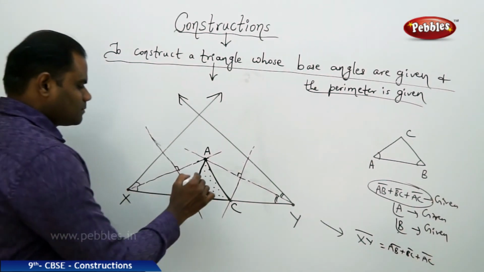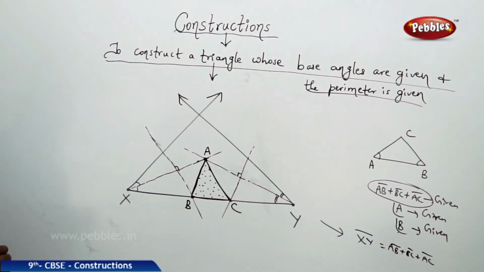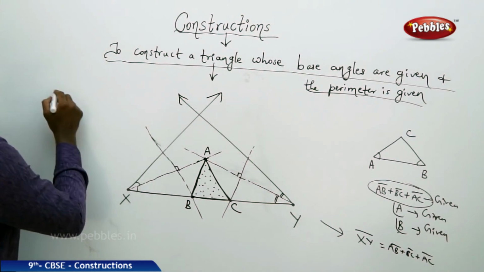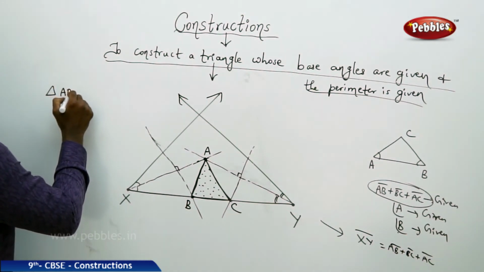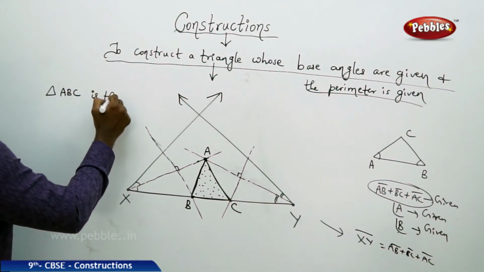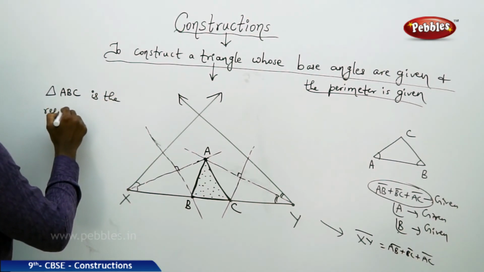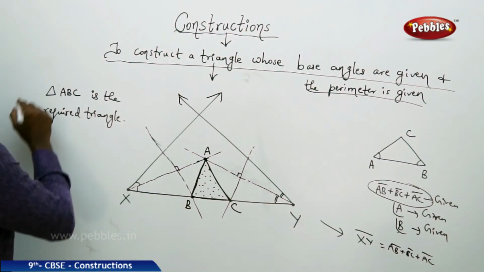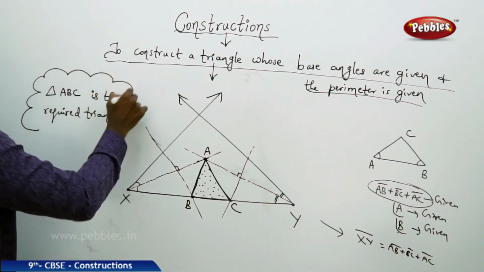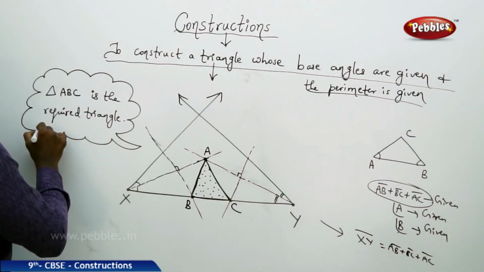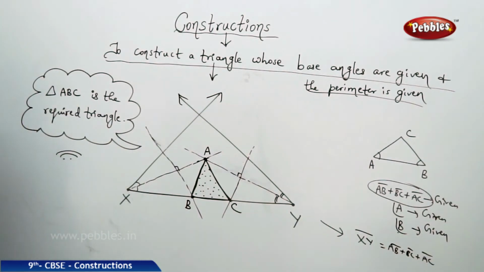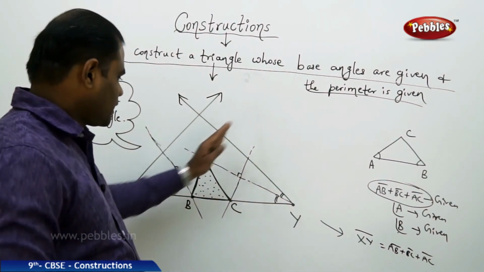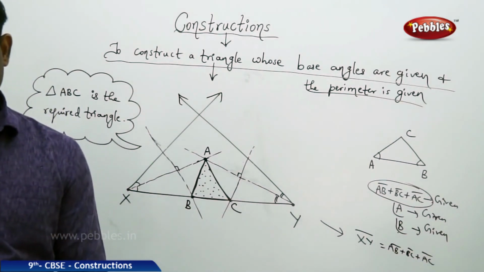So triangle ABC is the required triangle. This is how we construct using the angular bisectors and the perpendicular bisectors.